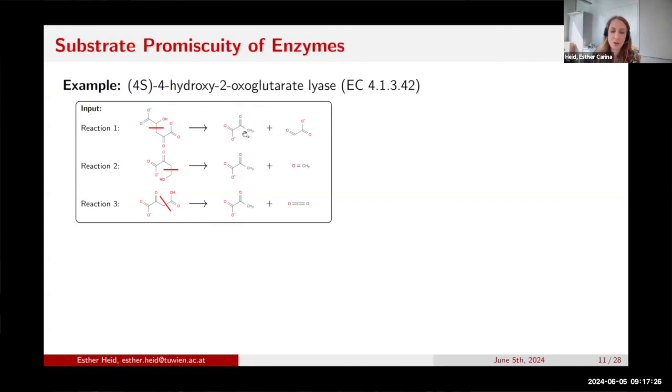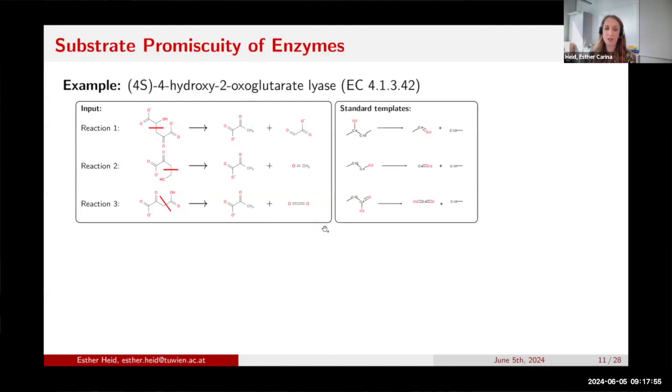This is the one that splits off to pyruvate. And the other side, where the hydroxyl group is, it doesn't really matter. There can be a chain of something, can even be charged. There can be something not charged and really small. It's just that 1 carbon and basically nothing else attached to it. There can even be a double bond here. So it seems like that one part of that substrate is super important to be conserved and the other one isn't. So I really wanted to come up with a way to be able to encode this in reaction templates.